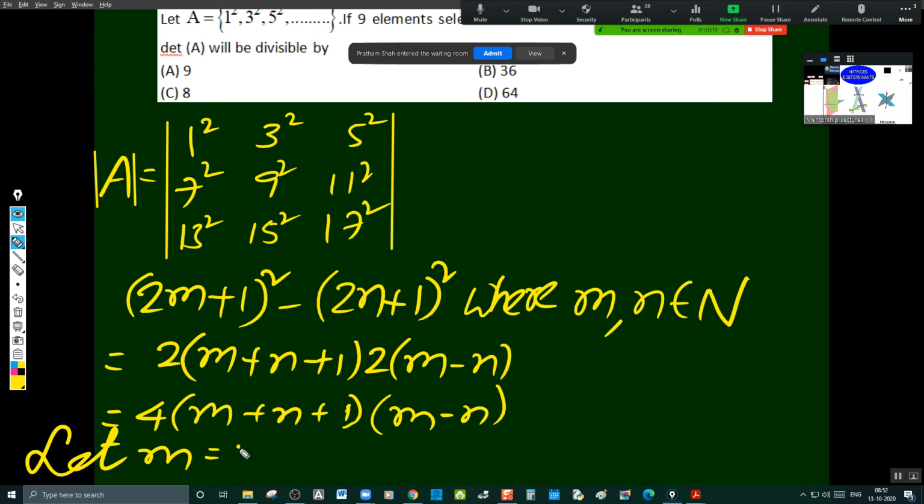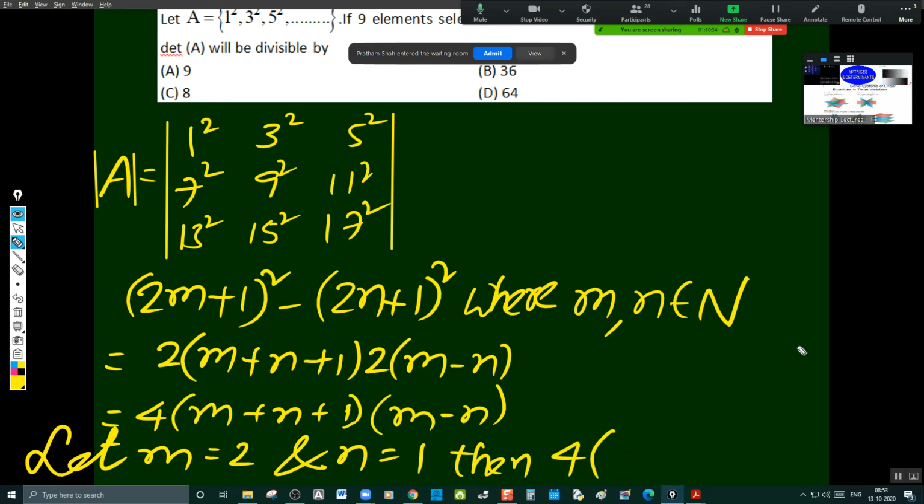Let me say it can happen. Then what happens to this? Anyone please? 4 into 2 plus 1, 3 plus 1, 4. 16 comes. So answer is C. C can be done.